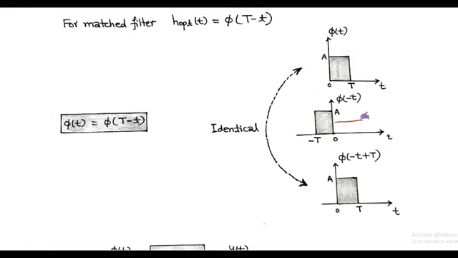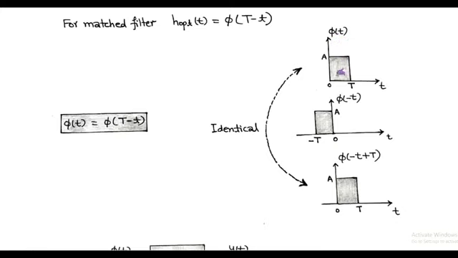So we shift phi(minus t) to the right side by capital T. From here we find that the given signal phi(t) is identical to phi(minus t plus T), and this is the optimum impulse response of the matched filter that is matched to phi(t).